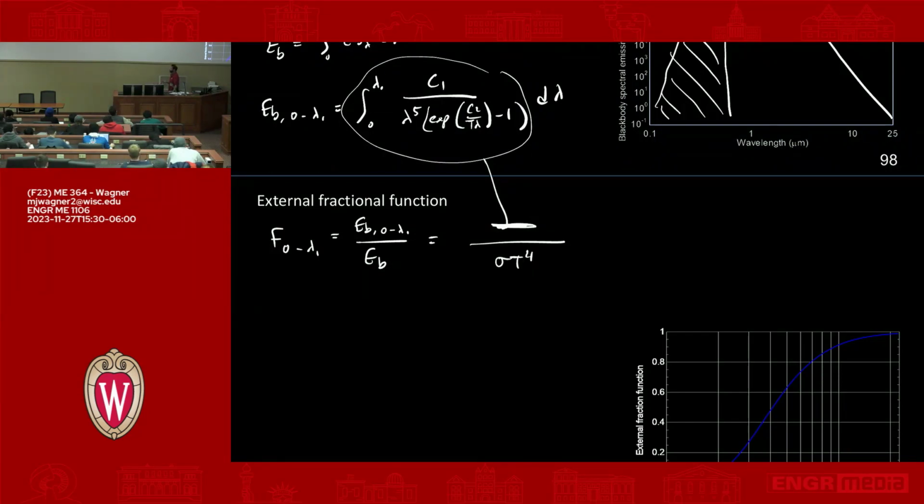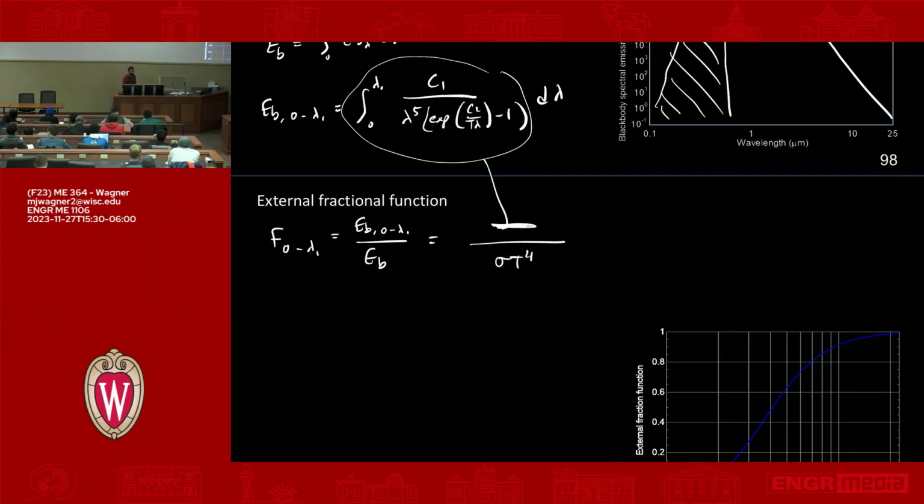If I want to do that integral and represent it in a way that's helpful, we've got kind of a problem because we have lambda, and we also have temperature. Both of those are independent things that we can choose. It turns out that if we did some manipulation, we could express the same equation in terms of the product lambda times temperature.